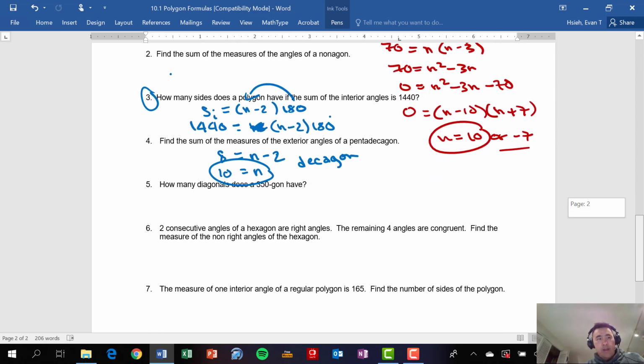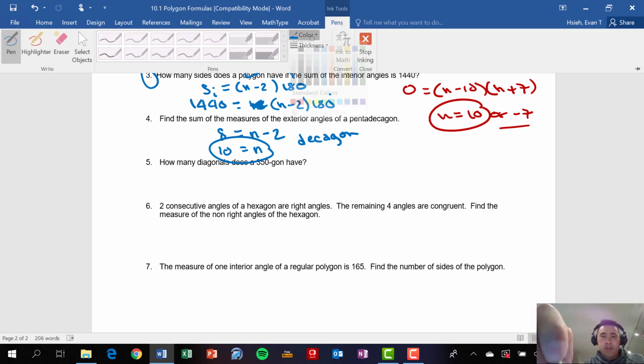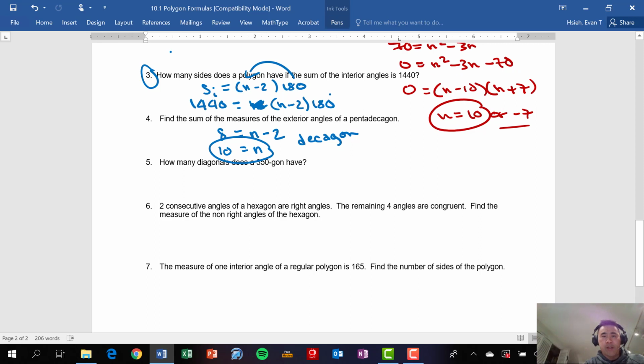And then let's jump down. Some of these are pretty easy. Like number 4 here, the sum of the measures of the exterior angles for a pentadecagon. And we know that no matter what, it's always going to be 360 degrees. Number 6 here, 2 consecutive angles of a hexagon are right angles.